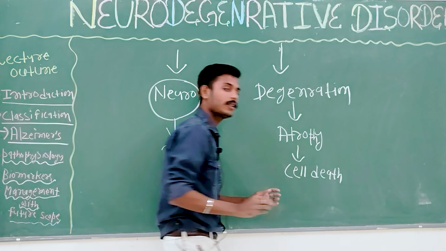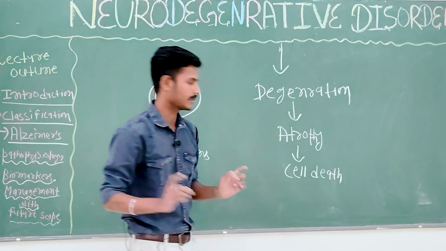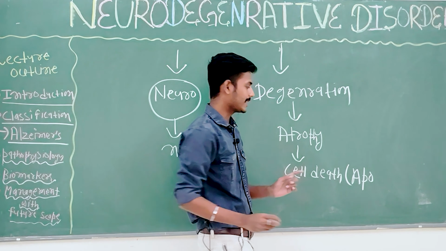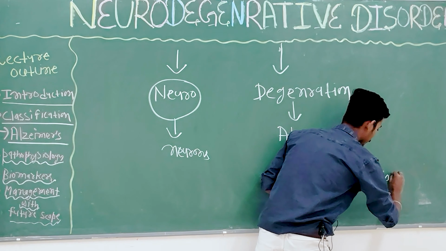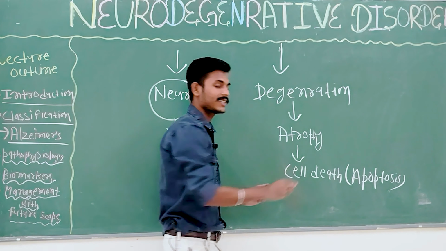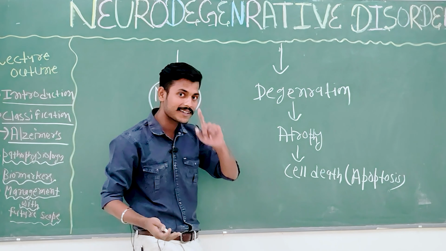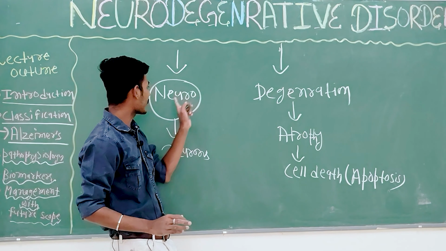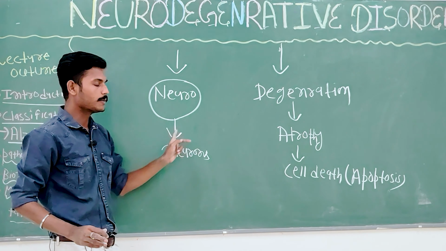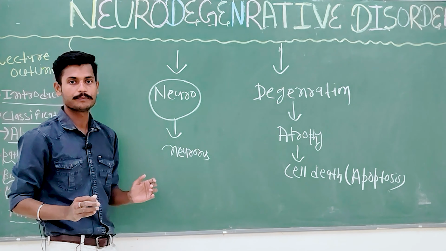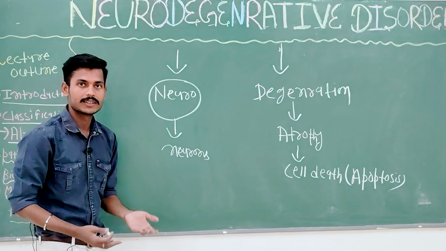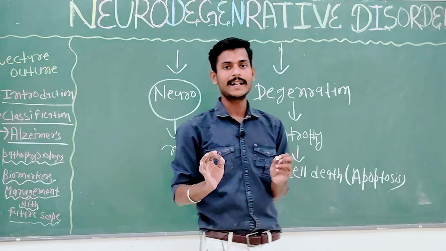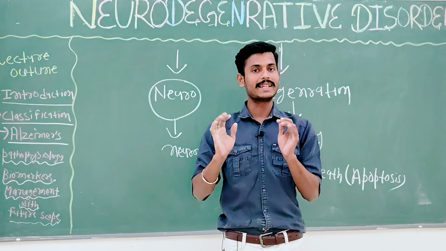The actual meaning of cell death is apoptosis. The actual terminology which we refer to in medical literature is apoptosis, but this apoptosis is a sequential phase, and the end result is cell death. So whenever degeneration occurs in the neurons, it will result in atrophy of the neuron, and eventually the neuron will die. Now you know that the neuron performs a major function in our body.